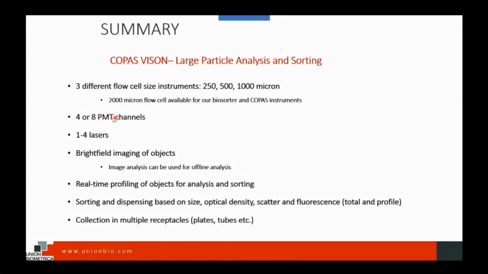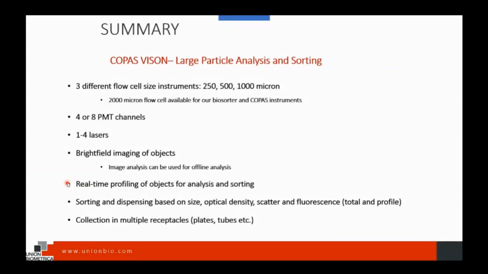The Vision is configured for up to 8 PMT channels, up to 4 lasers. Bright field images are taken of the objects, and image analysis parameters can be used for offline analysis.